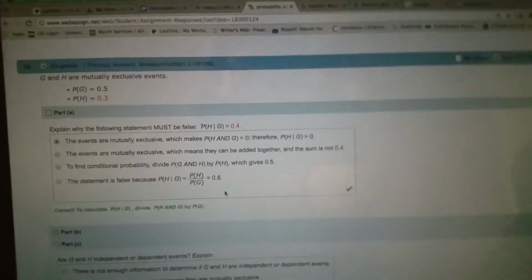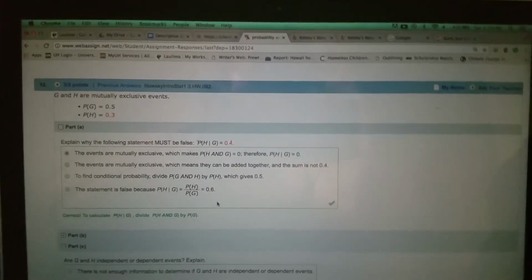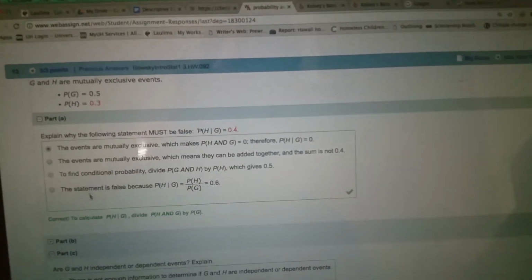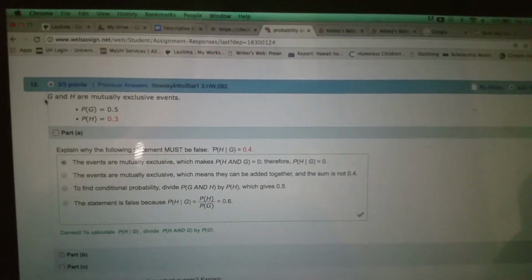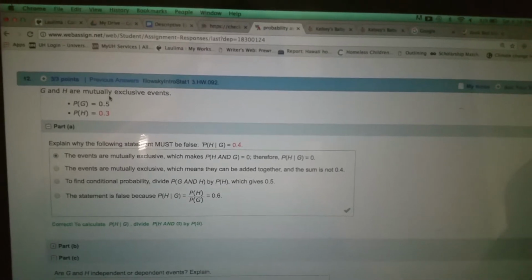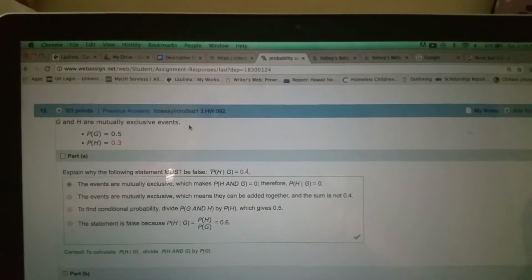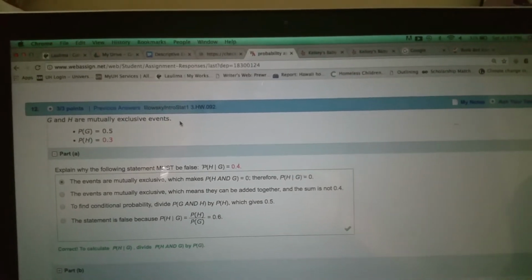Okay, so if we thought that was tricky, it gets even more tricky. Okay, let's start with reading this very carefully for question number 12. G and H are mutually exclusive events. That says a lot right there, because what does mutually exclusive mean?